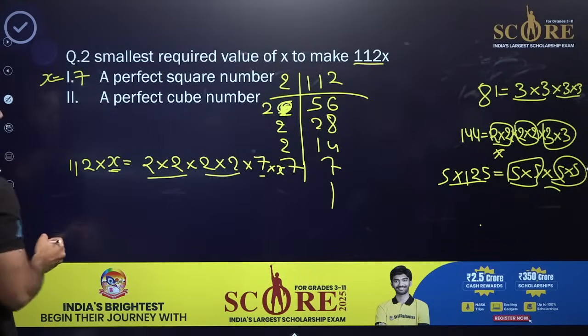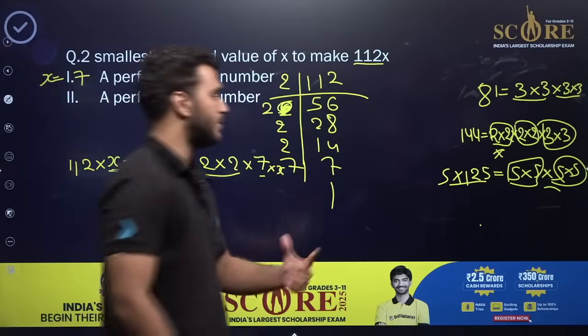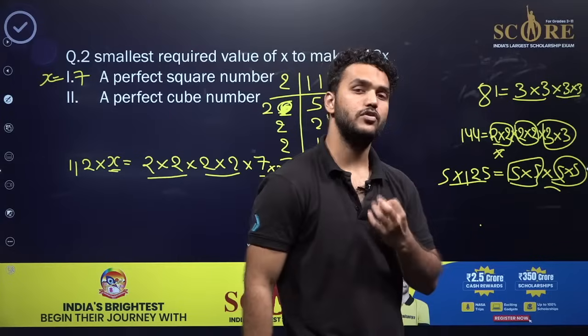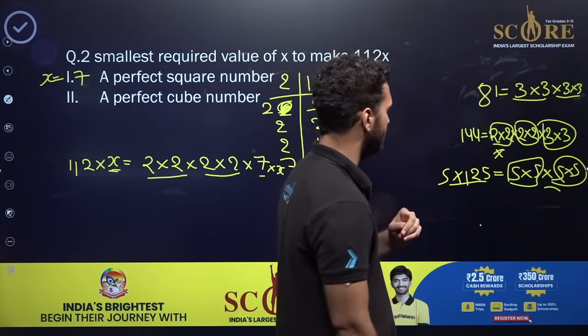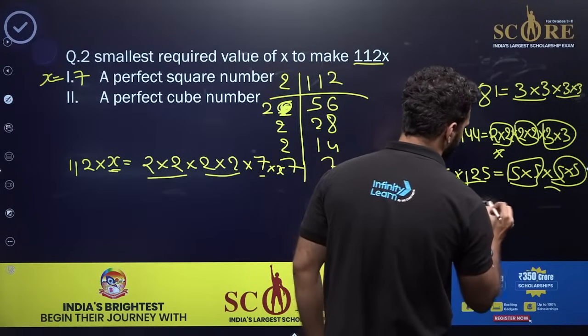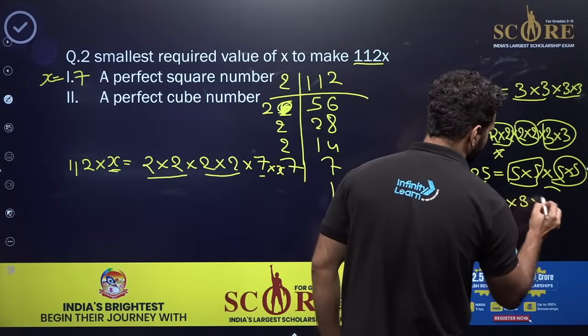Now let's talk about the perfect cube number. See, in a perfect square number you get pairs of 2s. In a perfect cube number you get groups of 3s. For example, 27 can be written as 3 into 3 into 3.